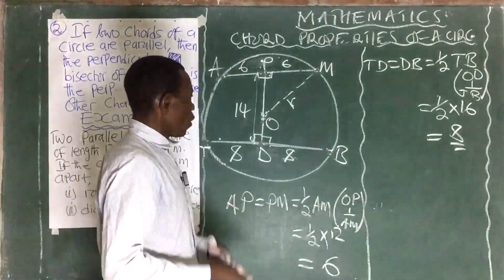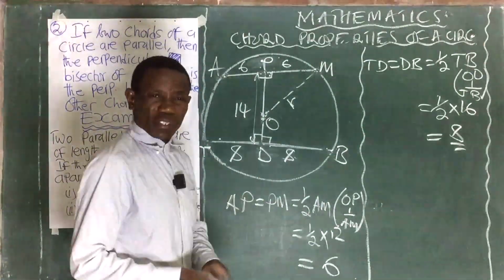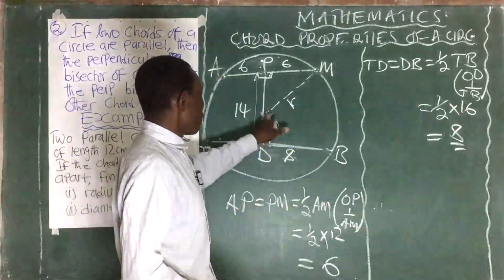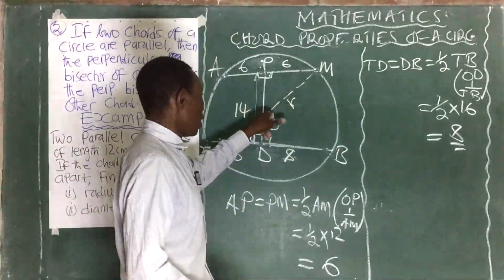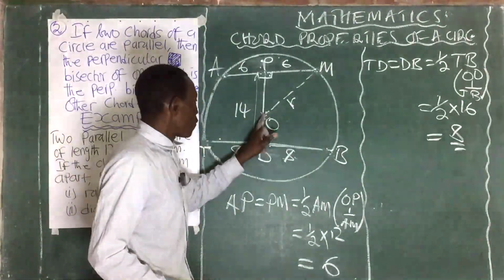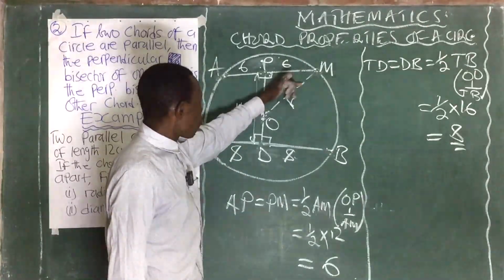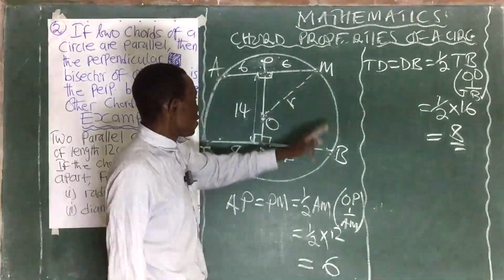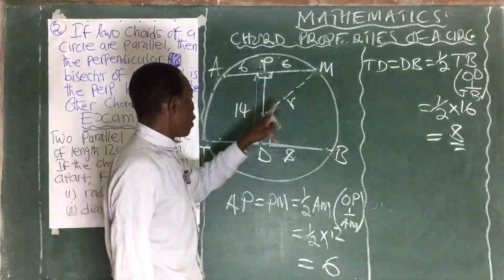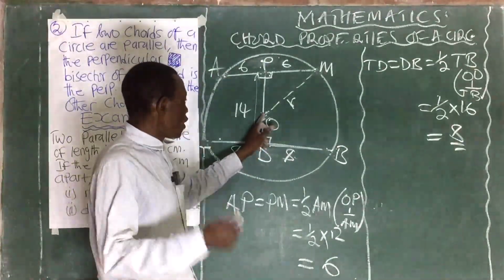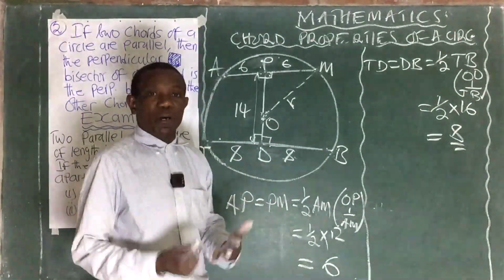Now, sometimes we use the knowledge of Pythagoras theorem. If we want to find the value of R, it's just a matter of getting to know the distance from here up to that in this triangle. Once we have here as 6, you can see that triangle PMO is a right angle triangle, and then Pythagoras theorem can be applied.